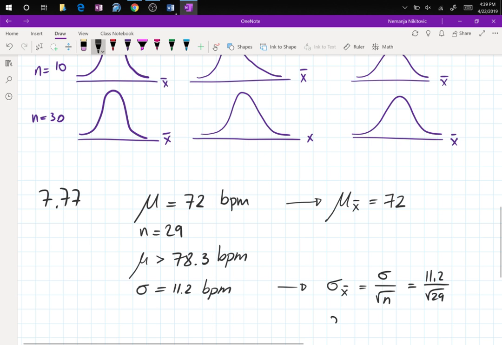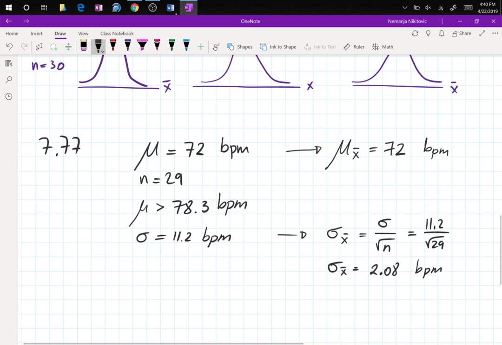So we can find sigma x bar when you punch these things in the calculator: 11.2 divided by the square root of 29 is 2.08. This is also BPM. So now these are our parameters that we will be using to calculate.